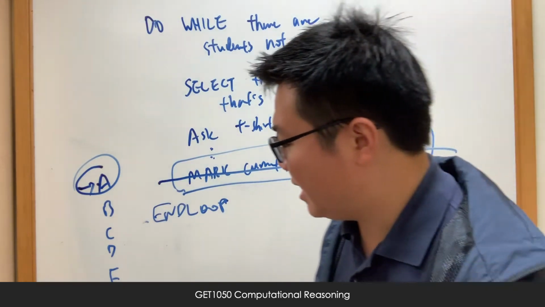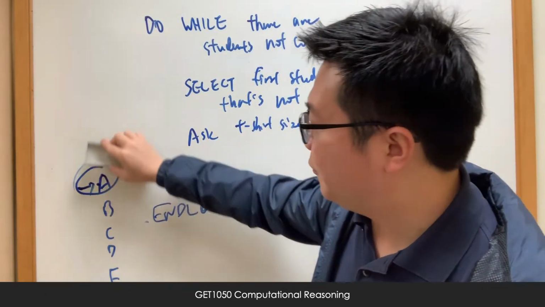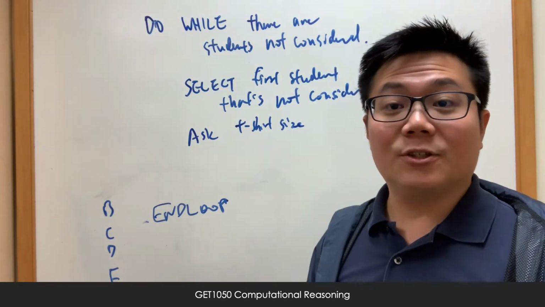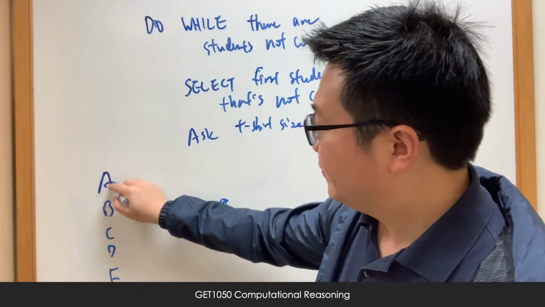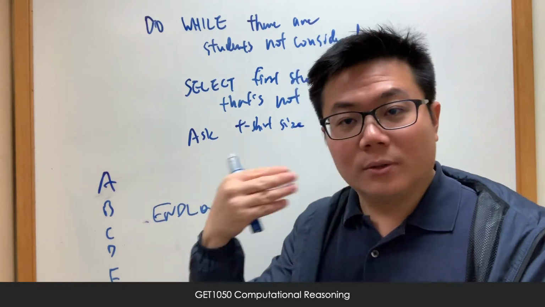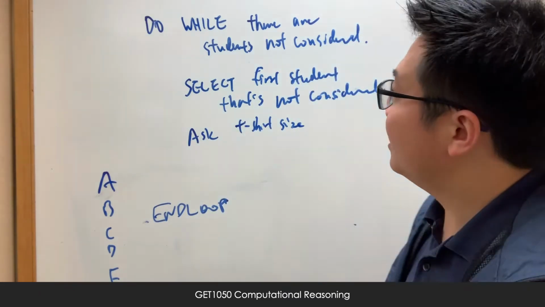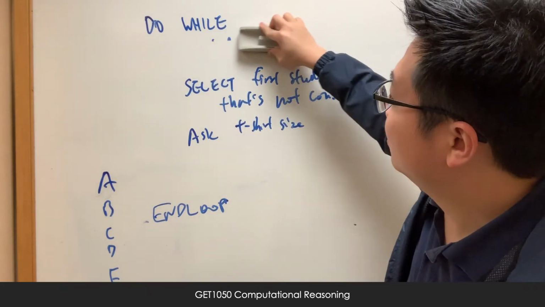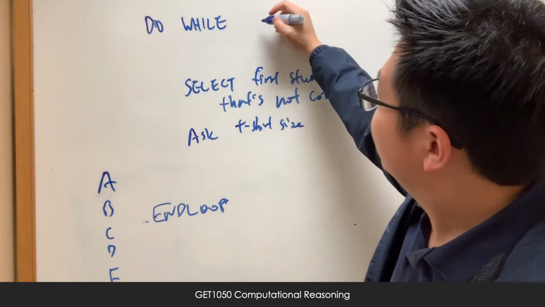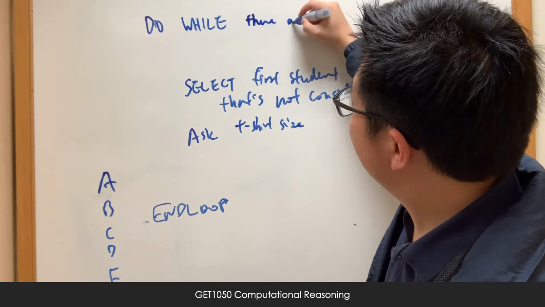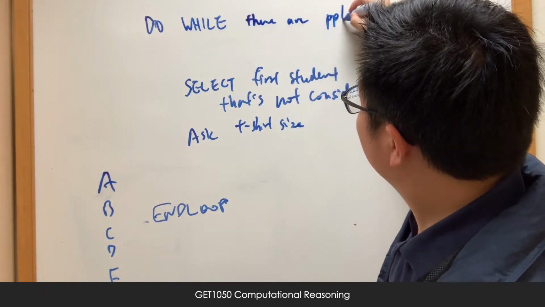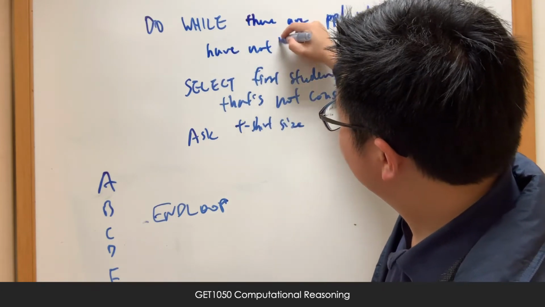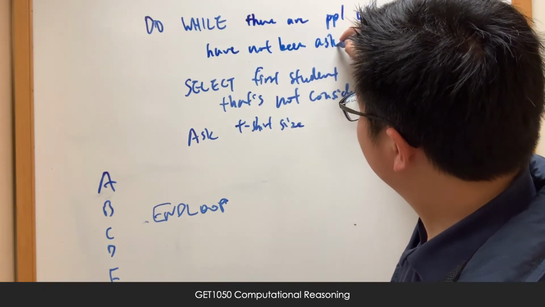Now, some of you are a bit confused with the quiz question because I used the word ask and I also have considered. This is meant to get you thinking about the way we use loops. So, let's say now my do while is: do while there are people who have not been asked.